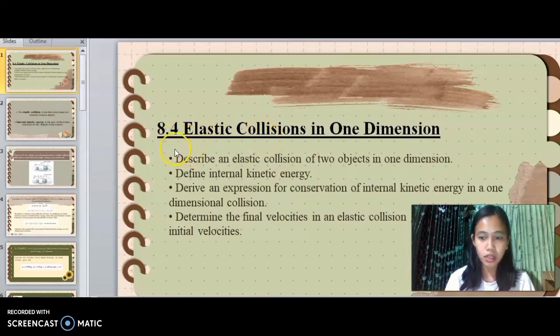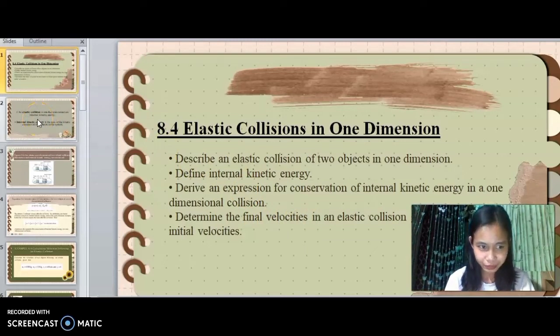Our objectives for today are to describe an elastic collision of two objects in one dimension, define internal kinetic energy, derive an expression for conservation of internal kinetic energy in a one-dimensional collision, and lastly, determine the final velocities in an elastic collision given masses and initial velocities.